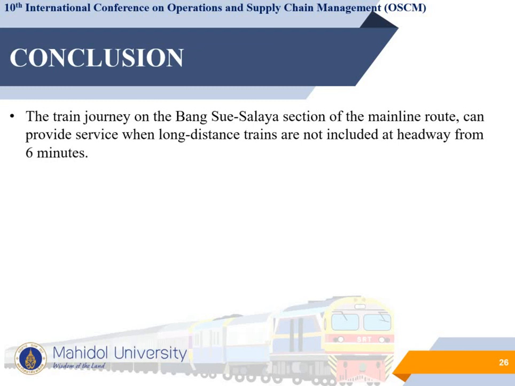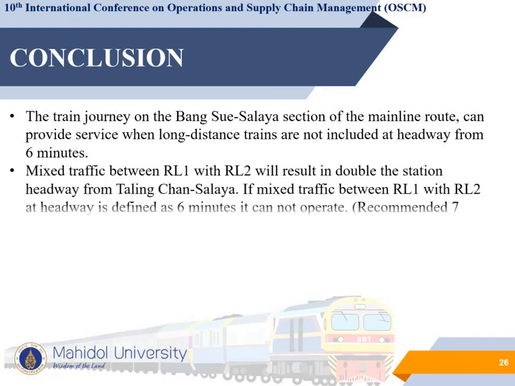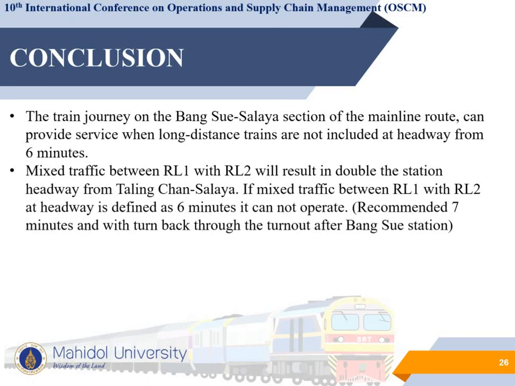Train journeys on the Warasara to Saraya section of the main line route can provide service when long distance trains are not included, at a headway from 6 minutes. Mixed traffic between RL1 and RL2 will result in double the station headway from Linchan to Saraya.